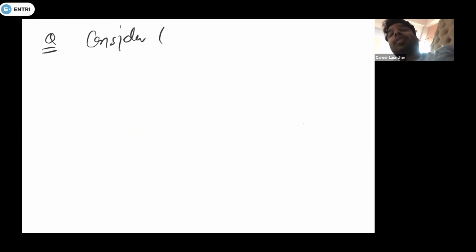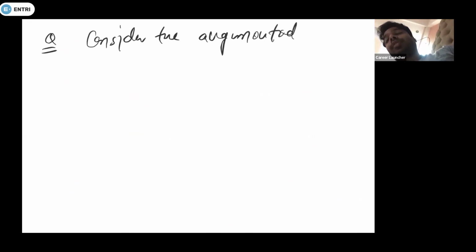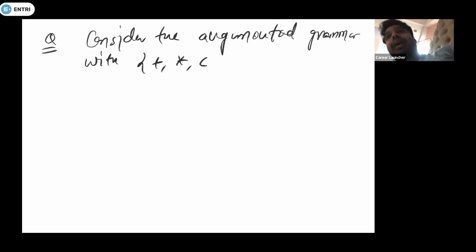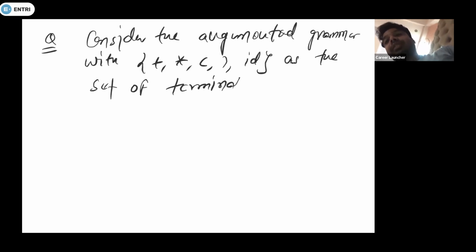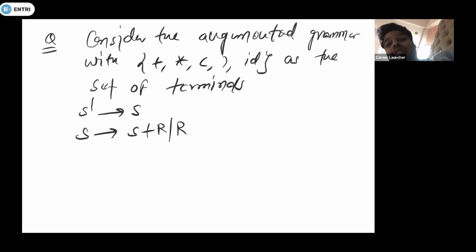Consider the augmented grammar with plus, star, open bracket, closing bracket, id as the set of terminals. So the grammar is given: S to S plus R.